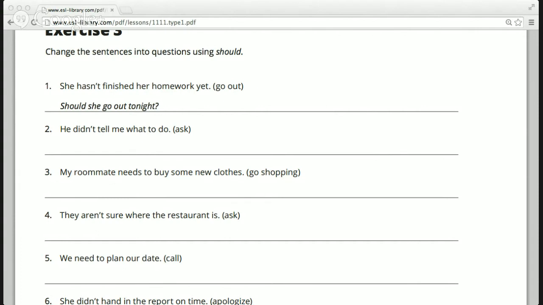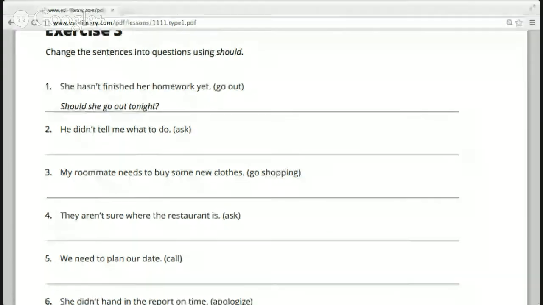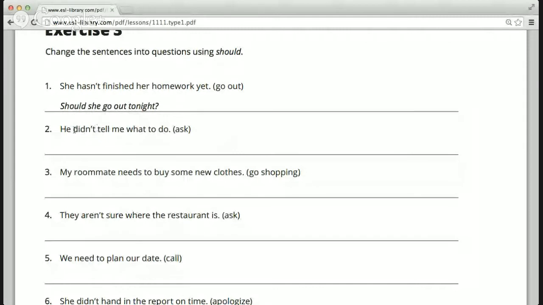Now, who are you going to ask? It's going to be "he," but instead of "he," we're going to say "him." Should him?